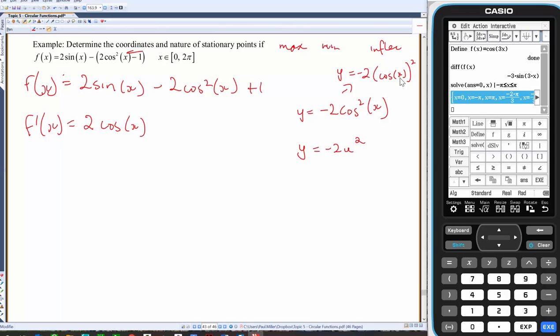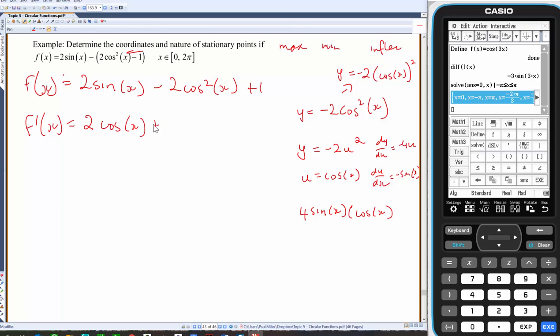So I've got negative 2, and I'm going to do a u sub on the cosine. So u equals cosine x. Now let's get dy/du equals negative 4u, and du/dx equals negative sine x. Multiply them out, and I get 4 sine x with a u sub, which is cosine x.